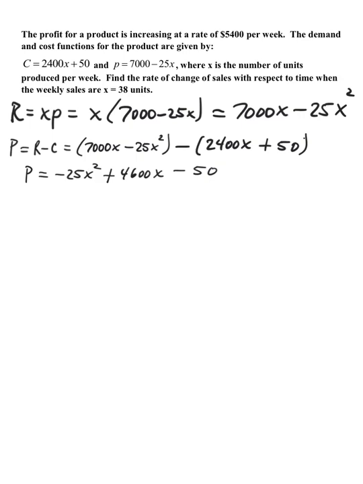Taking the derivative, the change in profit over time, negative 50x dx/dt plus 4,600. The x goes away, but because it was there, dx/dt.